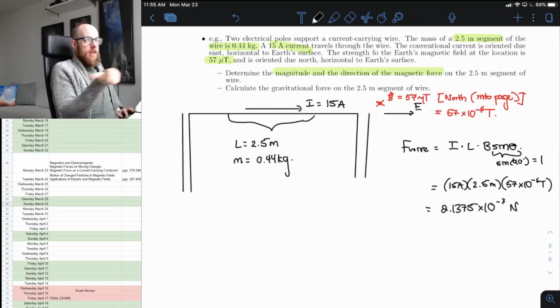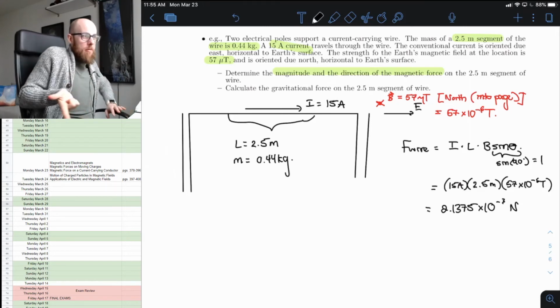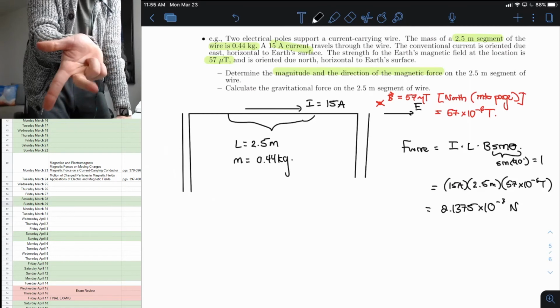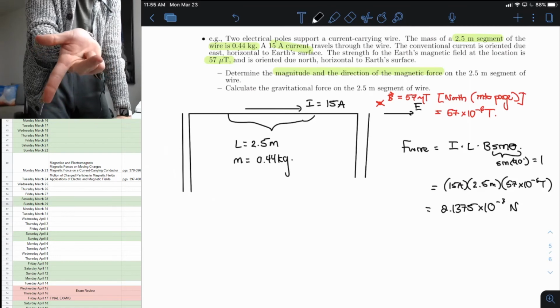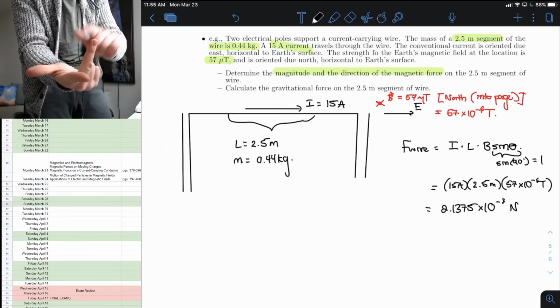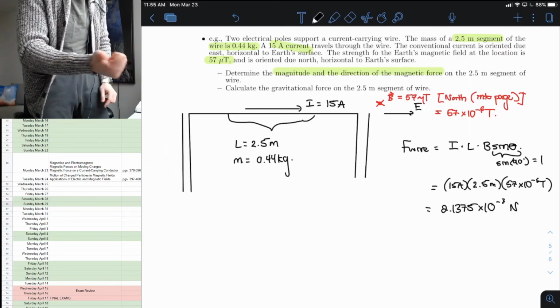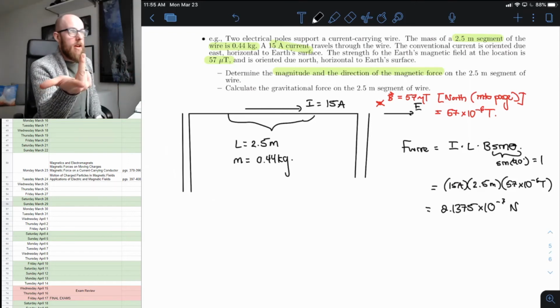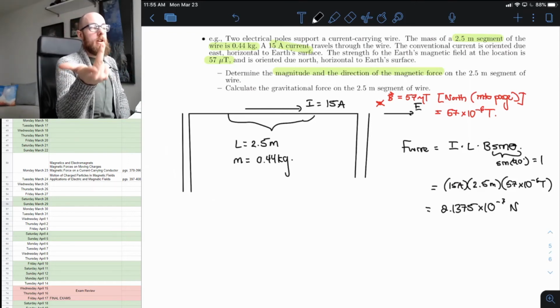Because we have east, north. Here, it's probably easier if I do this. So I have east, north, right? So the force will actually point up, if that makes sense. East is the current, north is the magnetic field, up is the force that's exerted on this wire.